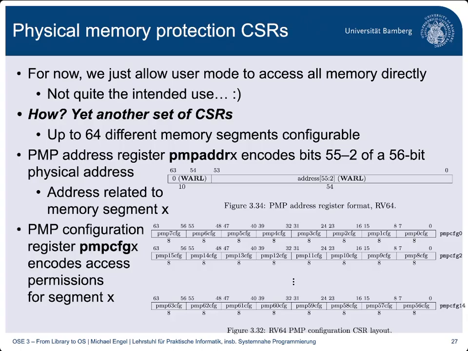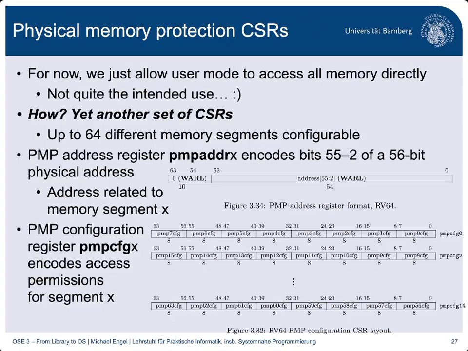And so you have up to 32 or even 64, depending on the RISC-V implementation. You have up to 64 different regions. Again in CSRs, the PMP CSRs, and each of these registers or a set of registers defines the starting address, the length of the segment, and the mode that's allowed.